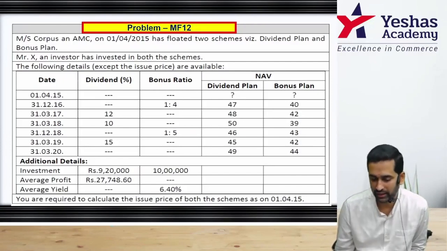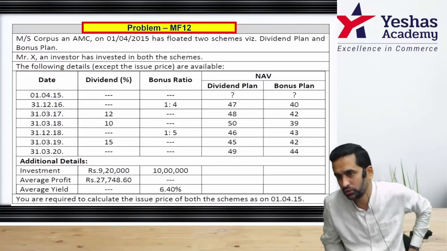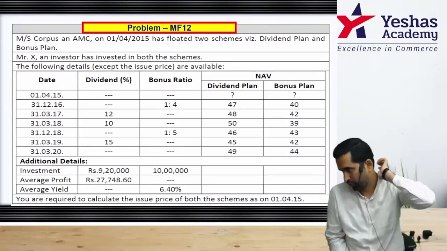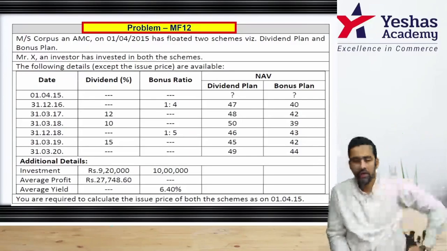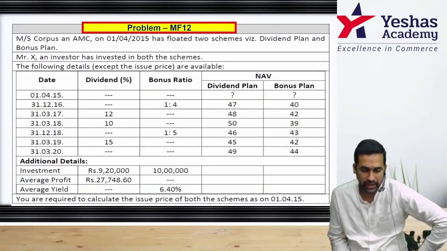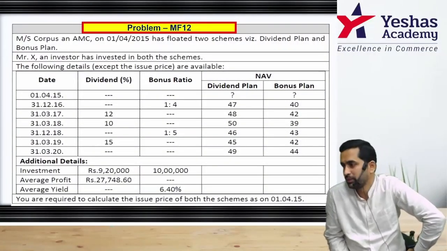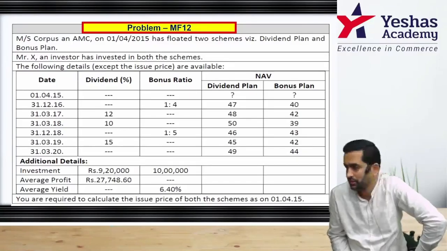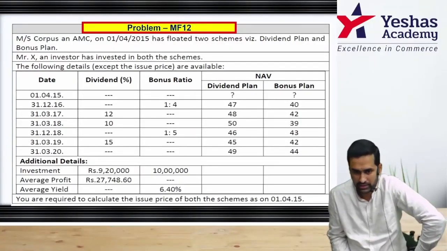You are required to calculate, underline the issue price of both these schemes as on 1/4/2015. It's a complete reverse working. Now from where do we start? In Calci for dividend, just do some basic workings. You invested 9,20,000, keep that aside.